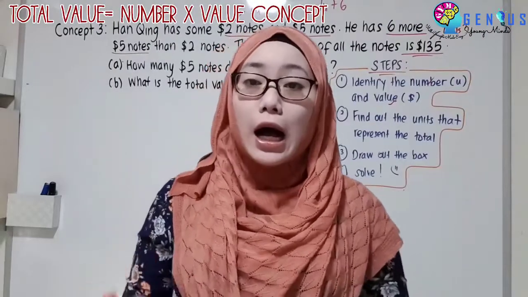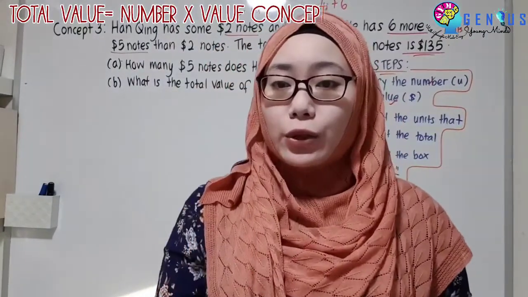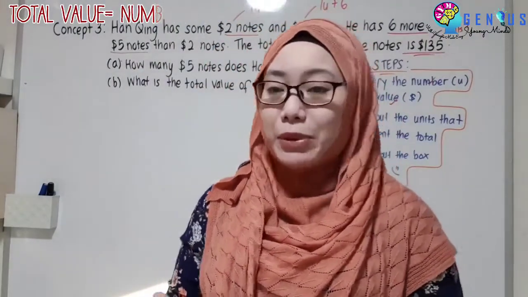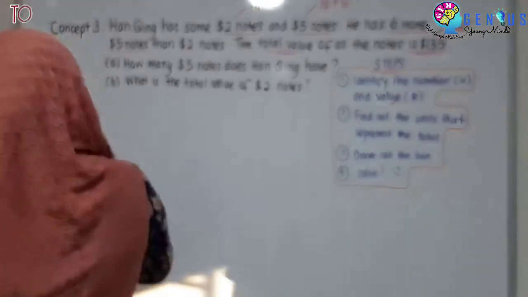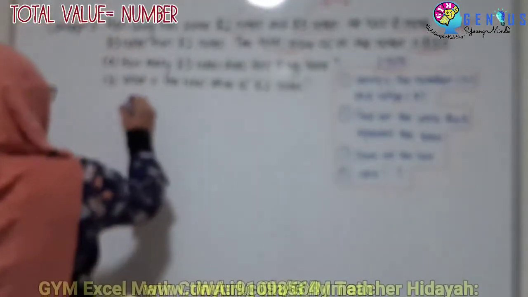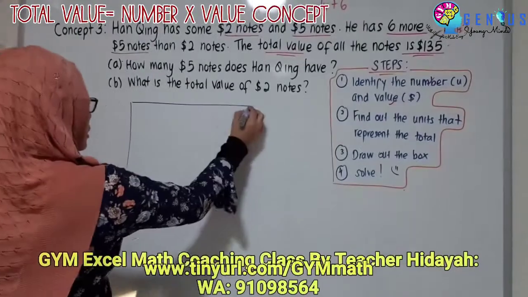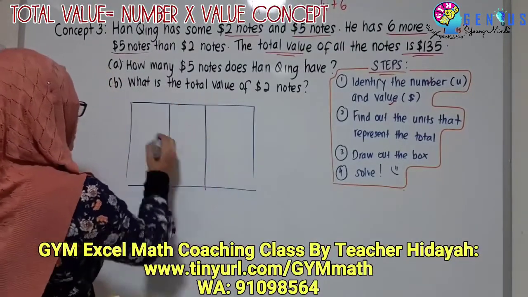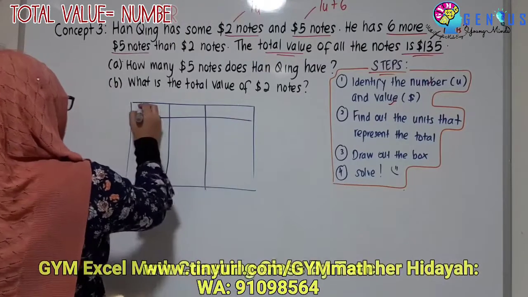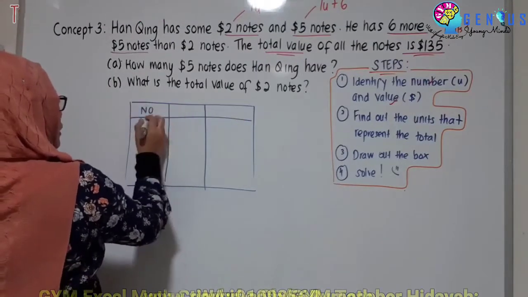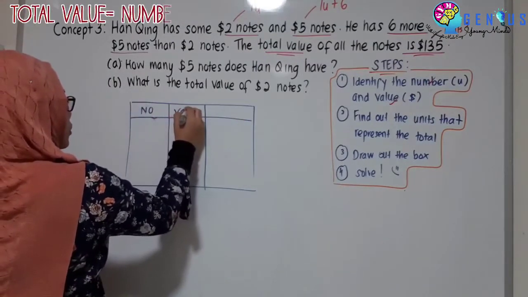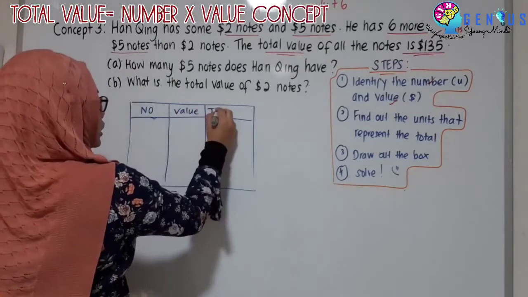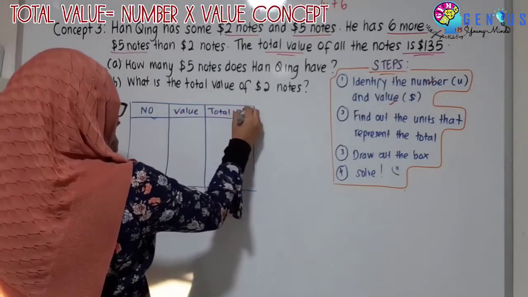We will draw out the total value number times value table. So we will draw the table. In this case, it will be 3 columns. We have number, value, and total value.